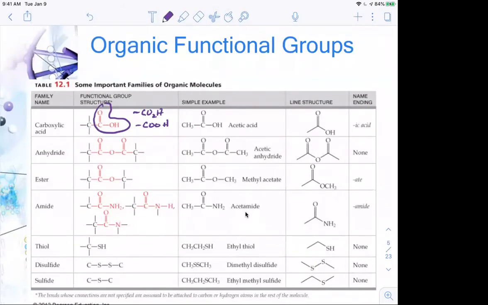These guys are called carboxylic acid derivatives because this central piece, if I look at this OCO, right, that's in all of these pieces. So it's a derivative of a carboxylic acid.